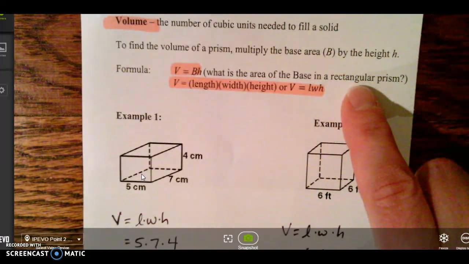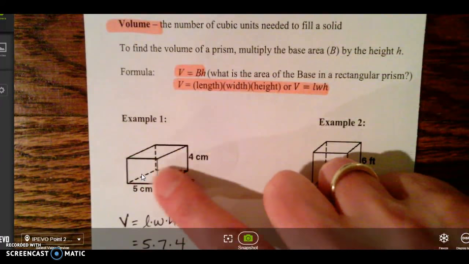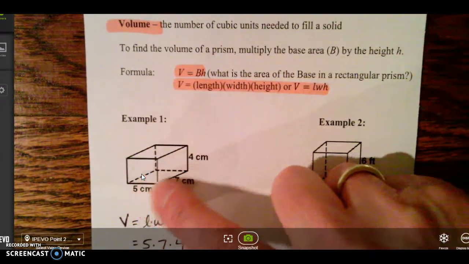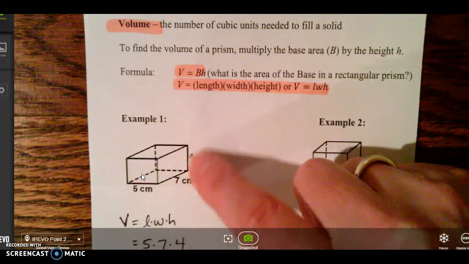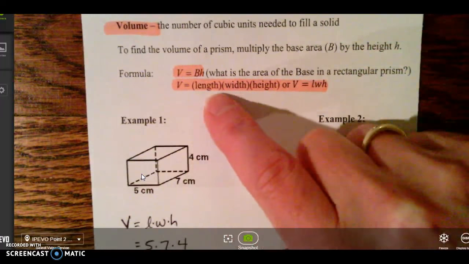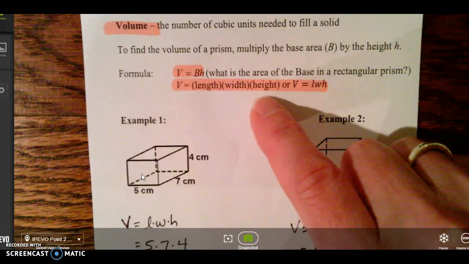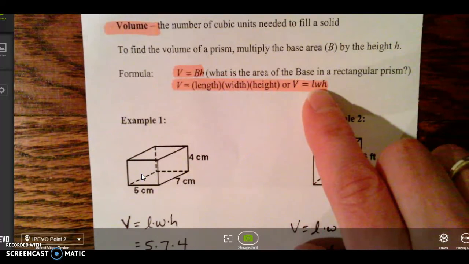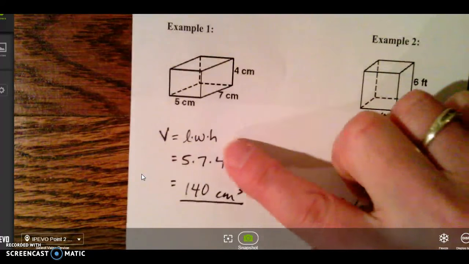But in this example, on this page of notes, we just have a rectangular prism because the base of the prism is a rectangle. It's 5 by 7. The height of this prism is 4. So to calculate the volume, we just need to take length times width times the height, and you'll see it abbreviated LWH. So for that example, we again write our formula.